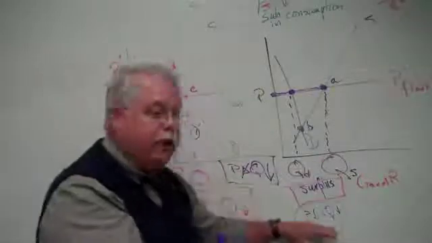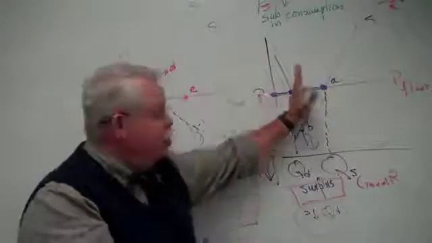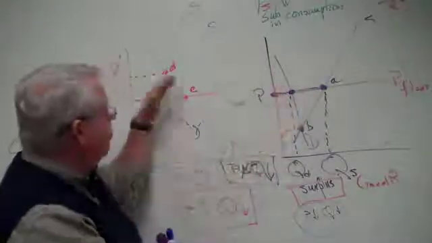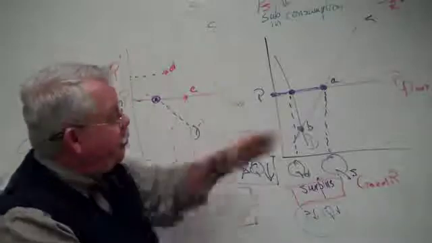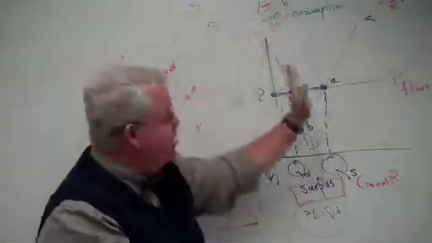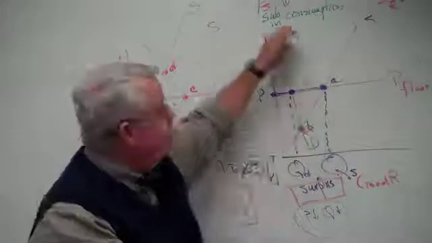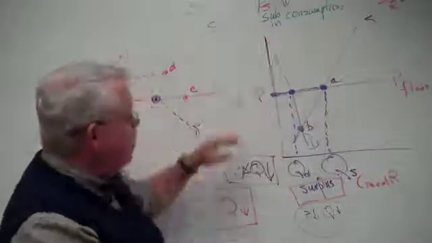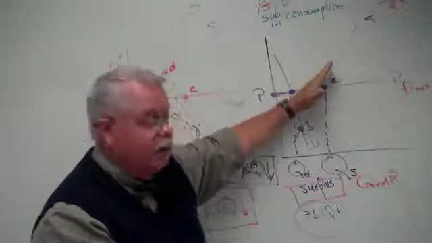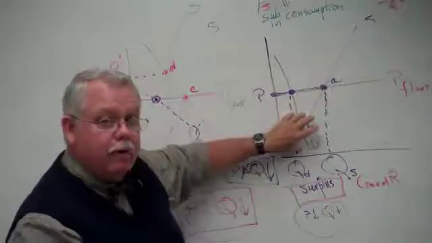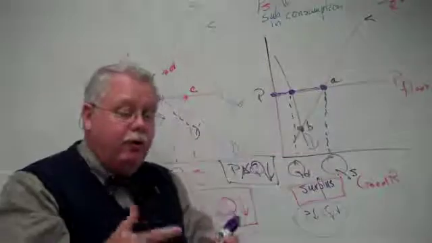Or you could move to a point of having a surplus, depending on which curve, the demand curve or the supply curve, moves the furthest. If the supply curve moves way over and the demand curve just barely shifts, you could wind up here. But if you have a huge decrease in demand and a small decrease in supply, you could still wind up down here. So this makes it one of the tougher questions.